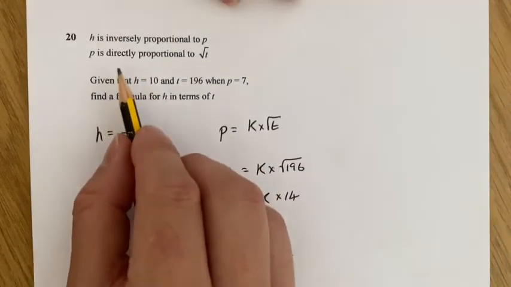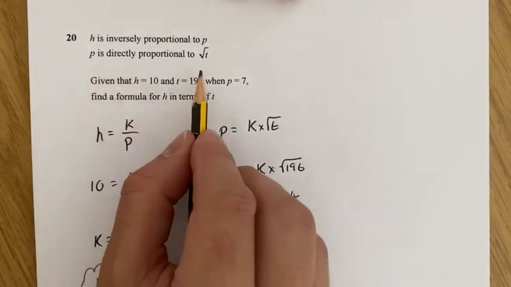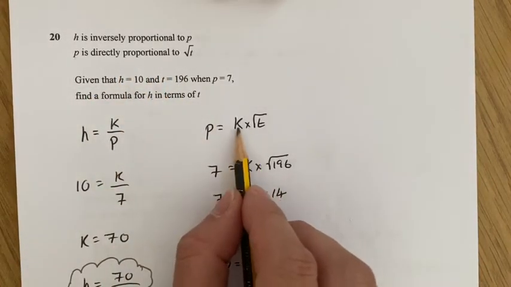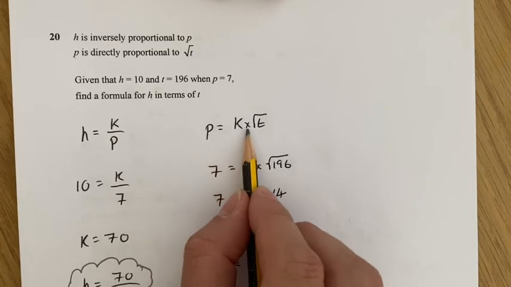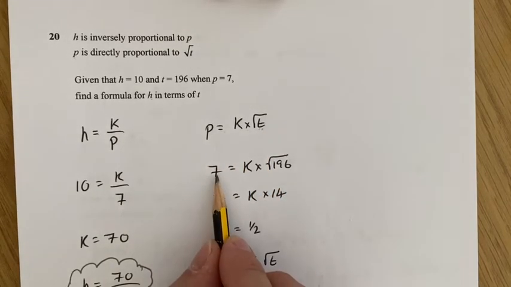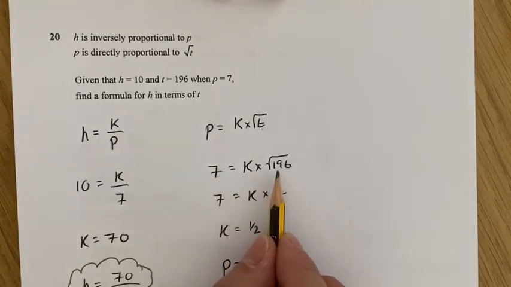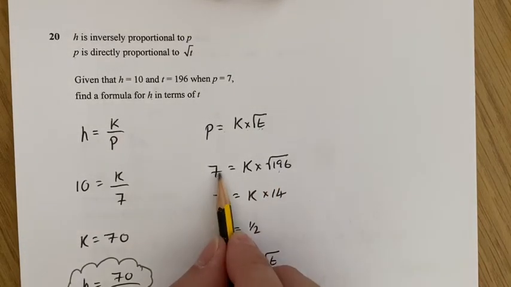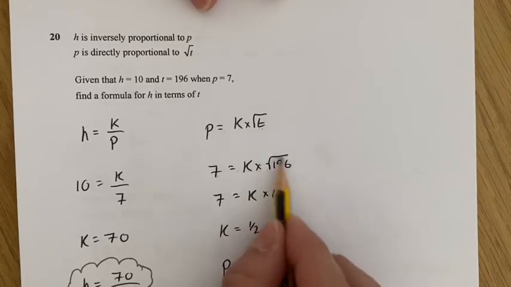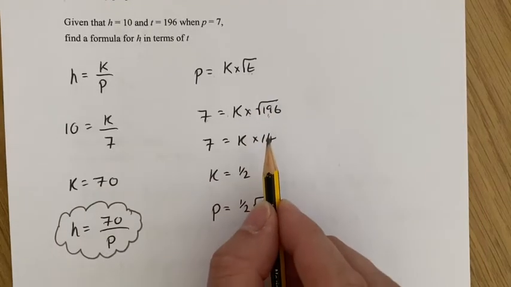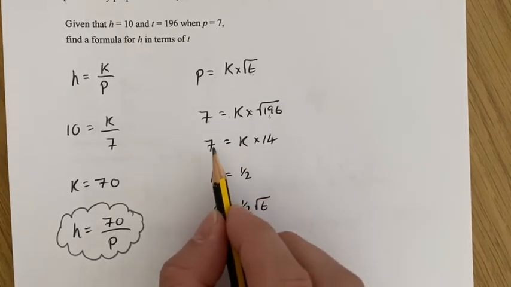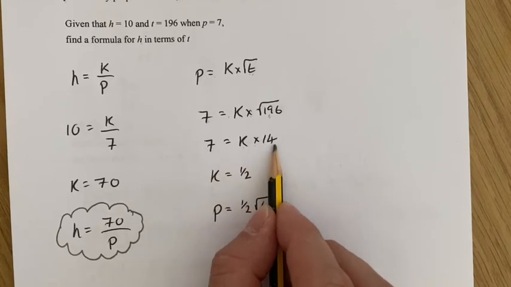Okay, now we need to find our formula that links p to t. We know that it's directly proportional, so it's multiplied. So this time I'm going to do p equals k times the square root of t. We know that when p is 7, t is 196, so we know that 7 equals k times square root 196. Root 196 is 14, so 7 is k times 14.